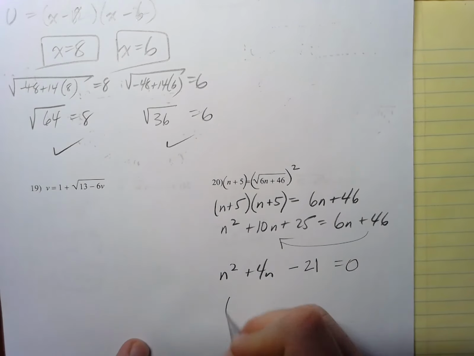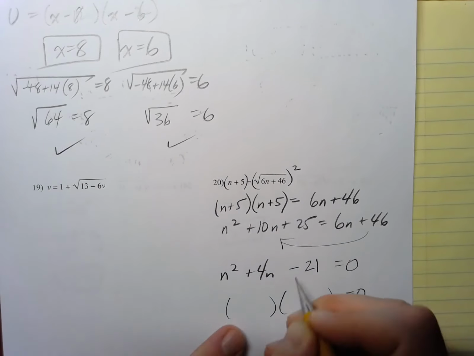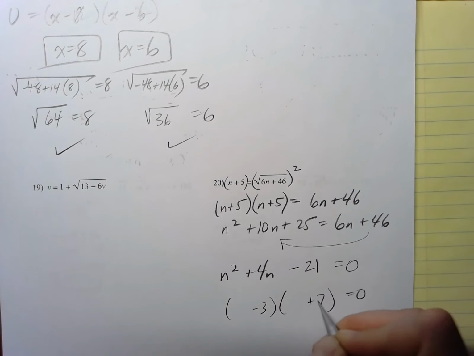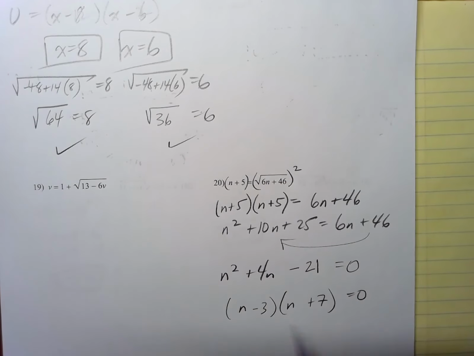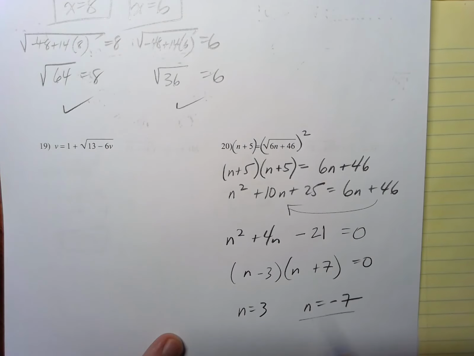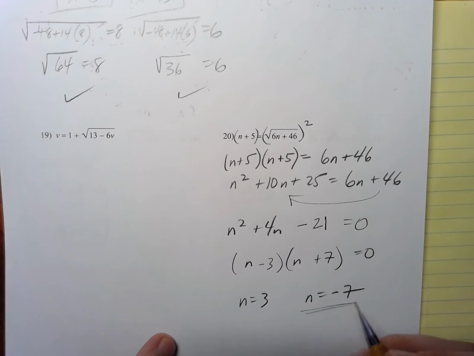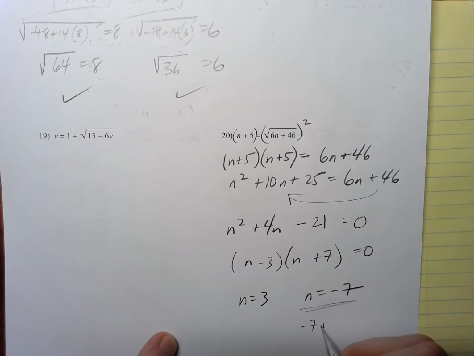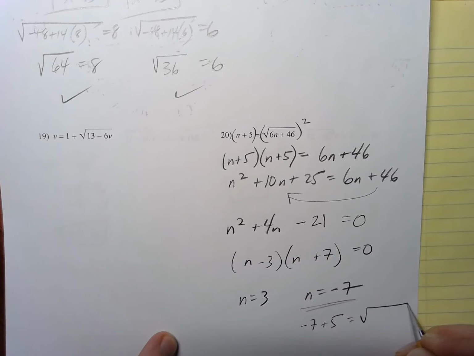So we can factor, I see a 7 and a 3 popping out here, maybe a minus 3 and a plus 7. Minus 3 and plus 7, and it'll give me that. So n equals 3 and n equals minus 7. I'm suspicious that's going to be extraneous, because when we have minus 7 plus 5 equals some square root, this is saying negative equals a square root.